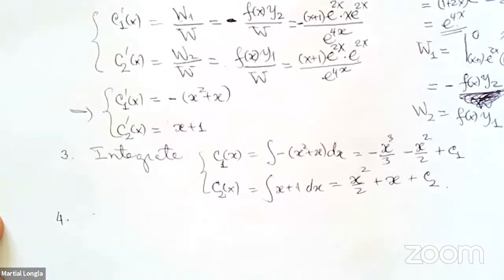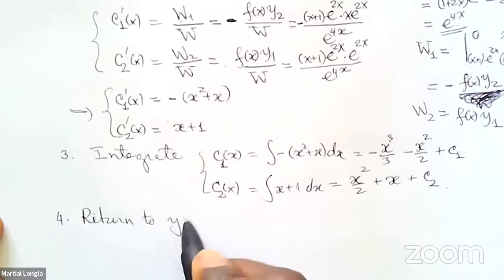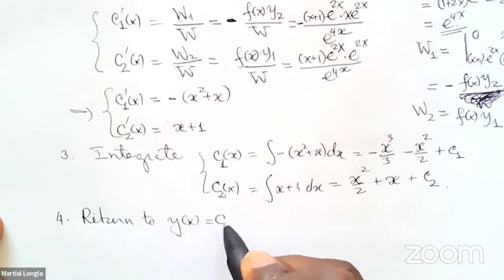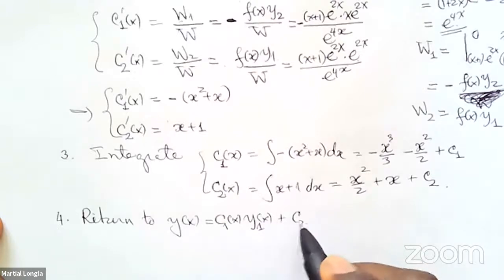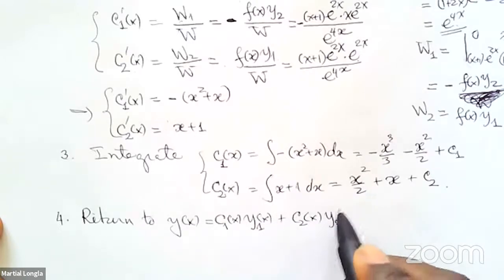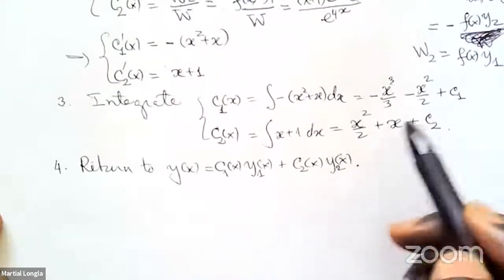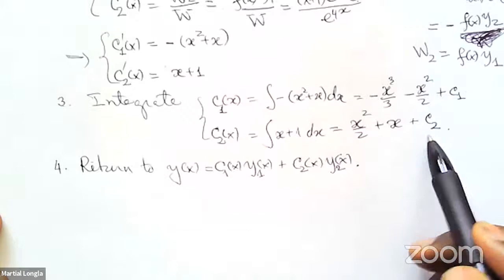The word was return them to y of x equals c1 of x, y1 of x, plus c2 of x, y2 of x. What do you return there? You return the answers that you got on the previous step.